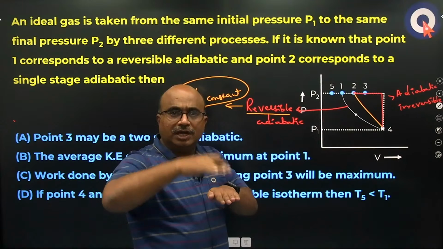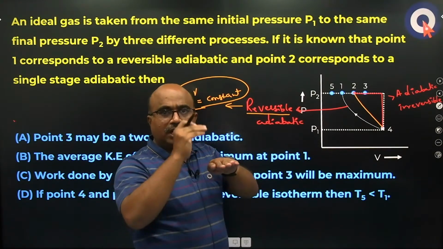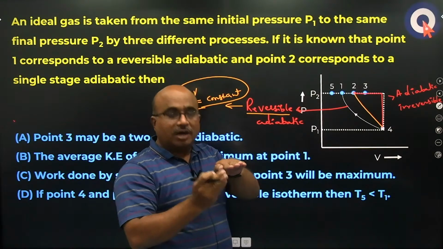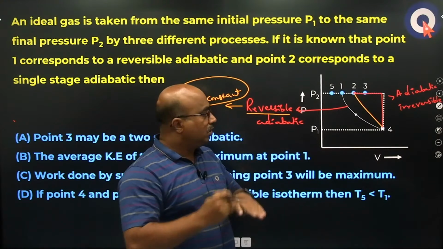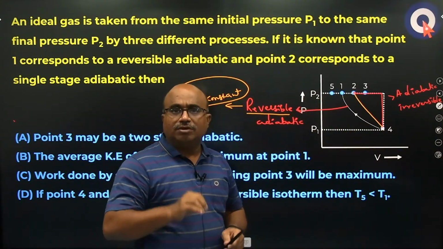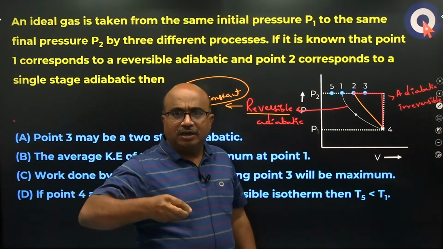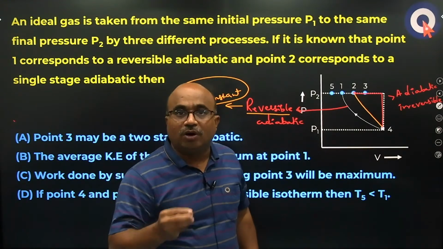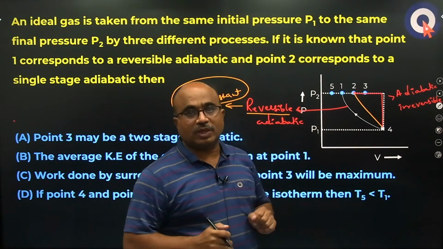Suddenly increasing the pressure a little bit, then compression happens, then again increasing the pressure a little bit, compression happens. So all these compression steps from 4 to 1 are done with infinitesimally slow steps. So a large number of steps are involved during this reversible adiabatic process.